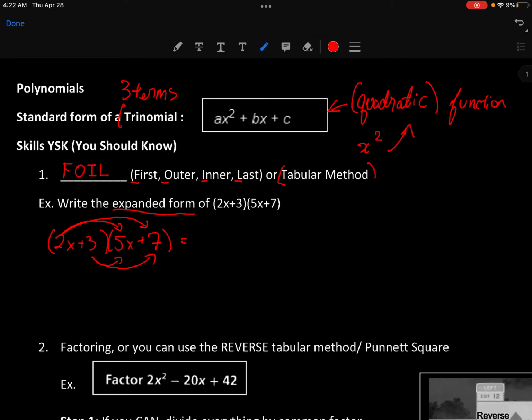So we first multiply 2x times 5x, which will give you 10x squared. Then we do the outer, 2x times 7, which is 14x.